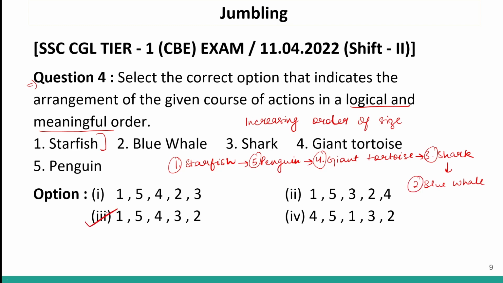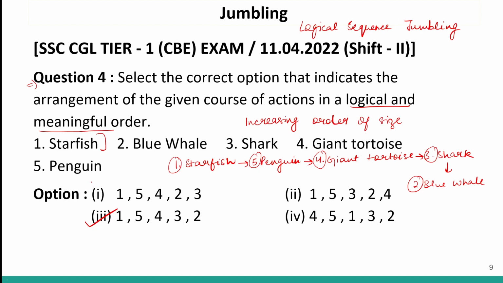So whenever you get a question like this in which you have to arrange them in logical sequence, remember, we did this type, logical sequence jumbling. In logical sequence jumbling, we were given certain words or certain phrases, certain sentences, and we had to arrange them in a logical form.